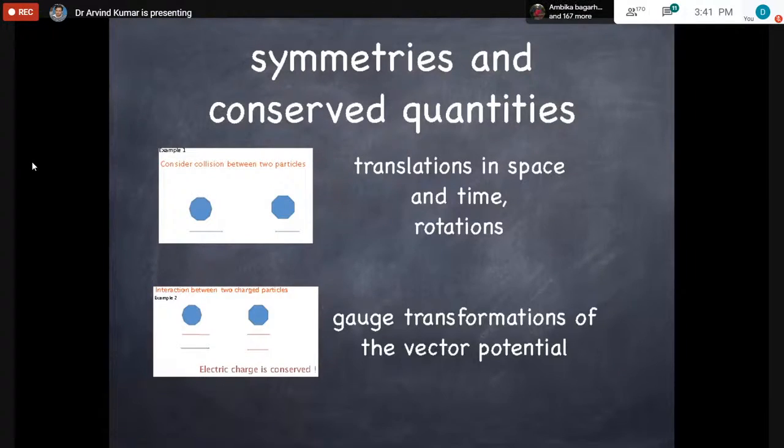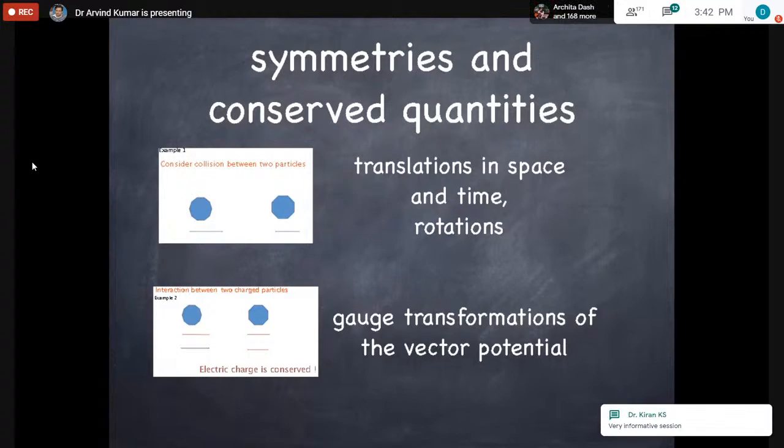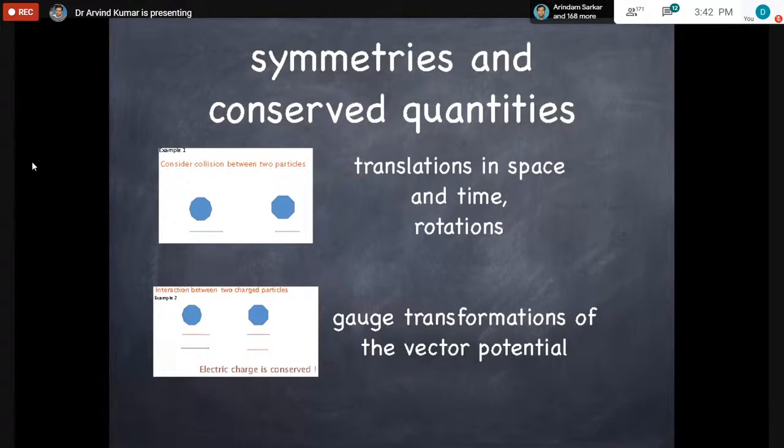If I do the same experiment today, tomorrow, day after tomorrow, in Jalandhar, in Bangalore, in Delhi, anywhere, the experiment gives you the same result, right? So this is precisely what these translations mean. So these translations in space and time, or if I rotate the experiment to one particular angle or another particular angle, it gives you the same result. So this particular aspect appears as conservation of angular momentum, linear momentum, and energy.